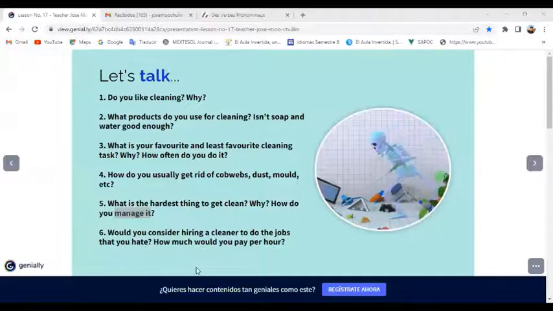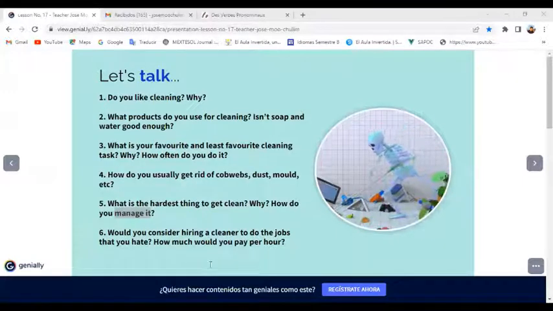And Benjamin, the same question, please. What is the hardest thing to get clean? Okay, maybe the backyard because the floor is very, ¿cómo se dice áspero? Áspero. But we're talking about the grass, right? Yes, the floor of the backyard.